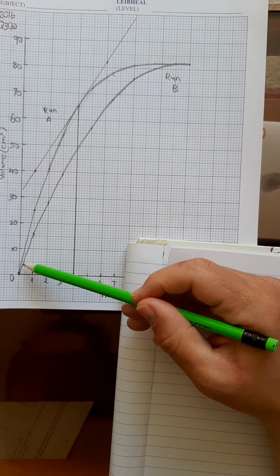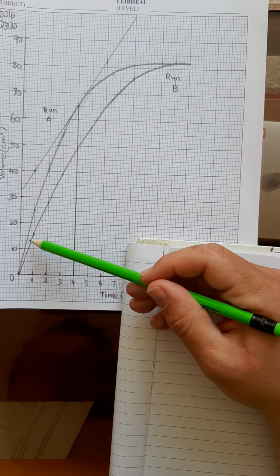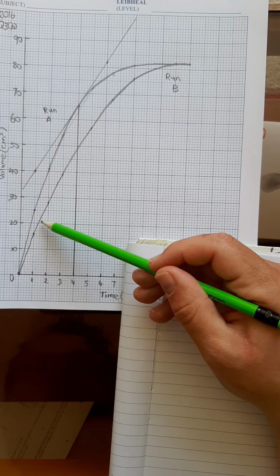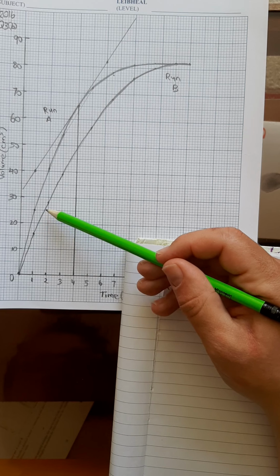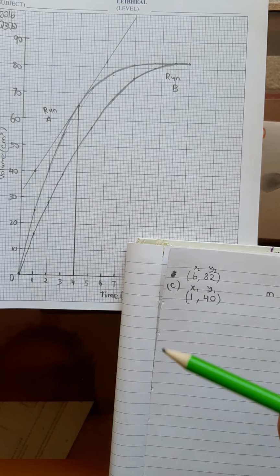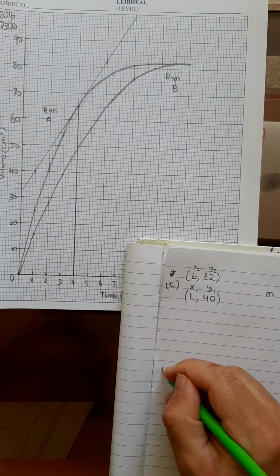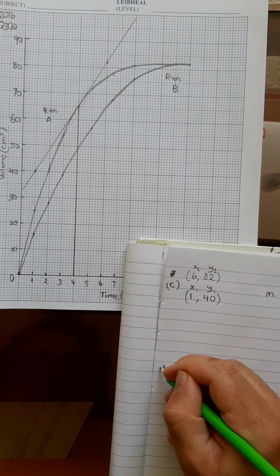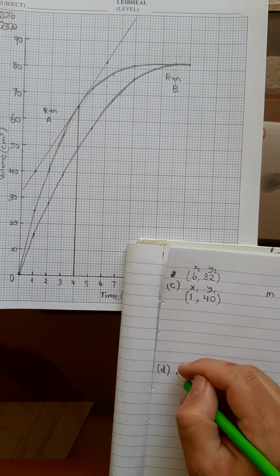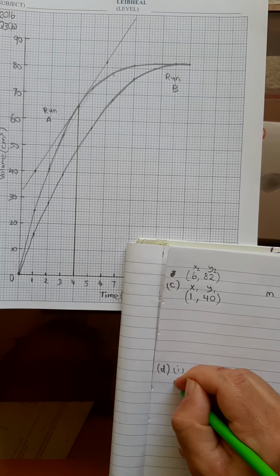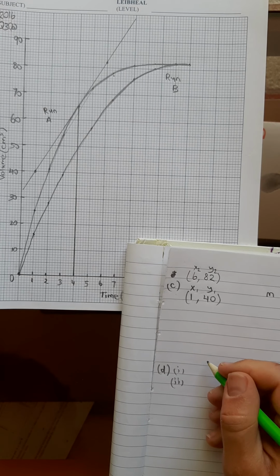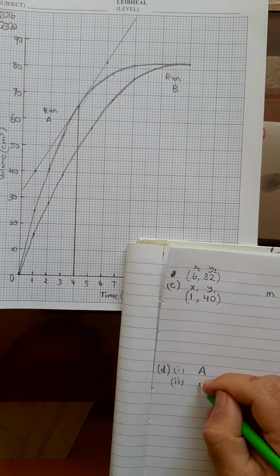Again, you can see it from the graph here: run B. So the slope is less here in run B. So for the answers for part D, the first one is A and the second one is B.